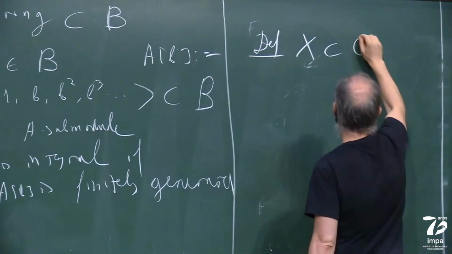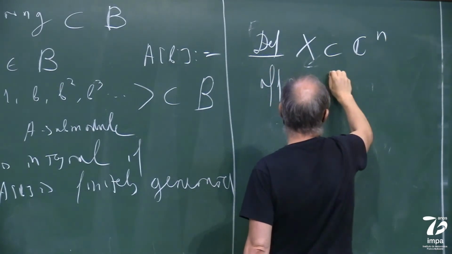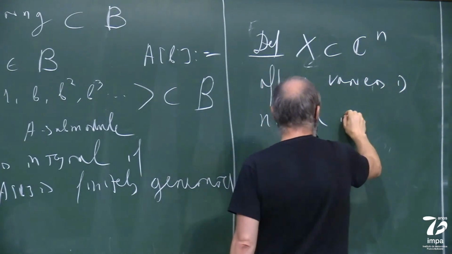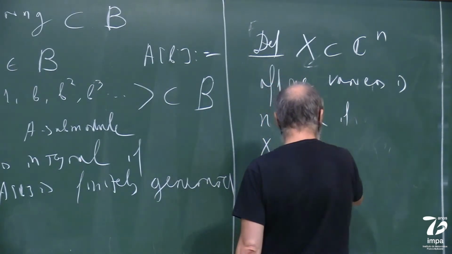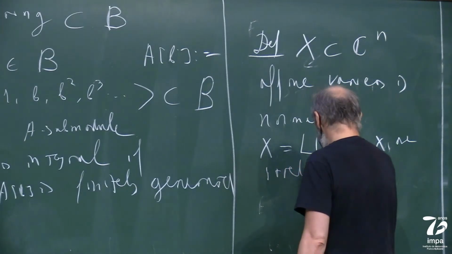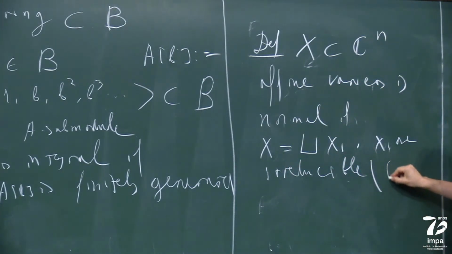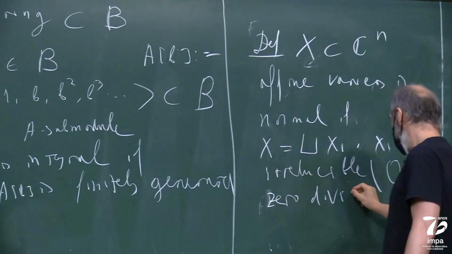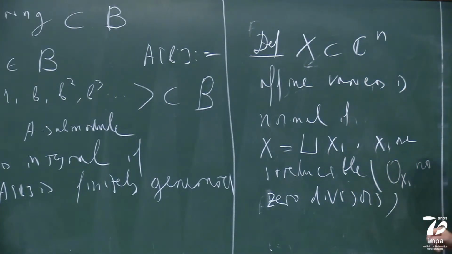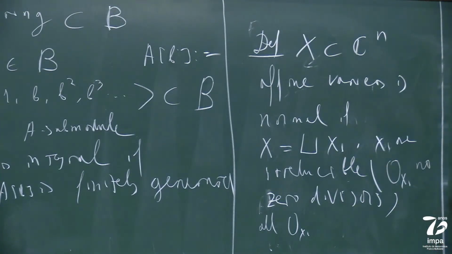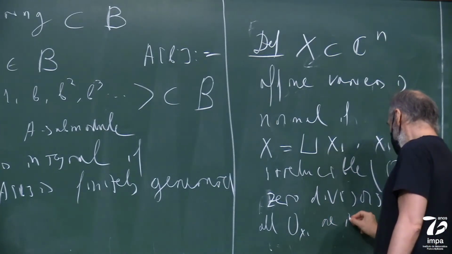X inside C^n, an affine variety, is normal if X is a disjoint union of X_i, which are irreducible, which is equivalent to having regular functions without zero divisors, and then all the rings O(X_i), the rings of regular functions on the components, are integrally closed.